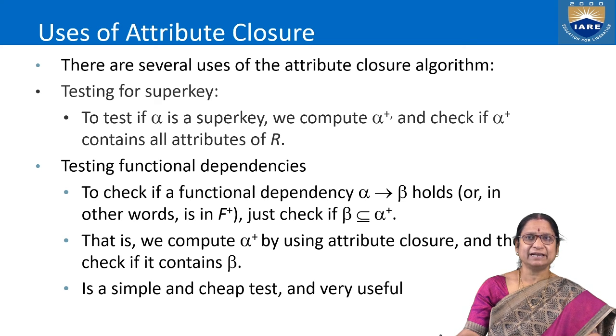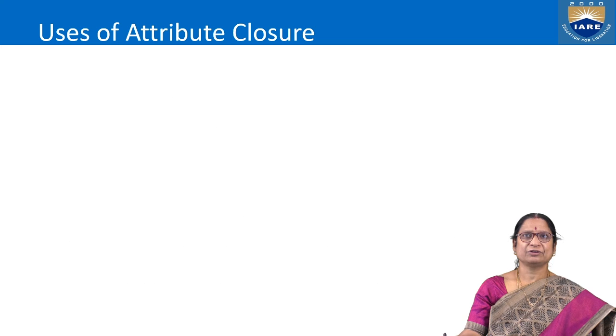If beta is contained in alpha plus, then we can say that particular FD exists in our F plus. This is a very simple and cheap test and very useful to us at the time of the normalization process to preserve our dependencies.